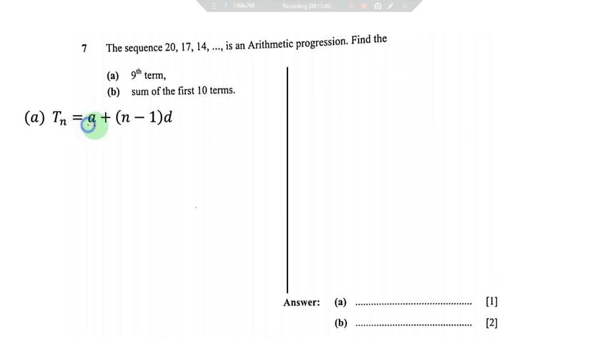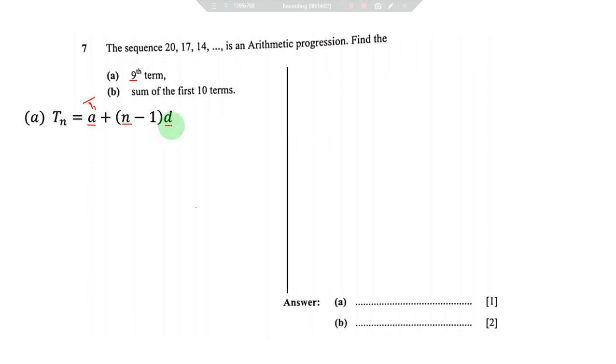So the A here represents the first term, meaning T1. Okay, the first number in that sequence is represented by A. This n here represents the position. Okay, in this case, the position that we are finding the number for is position 9.